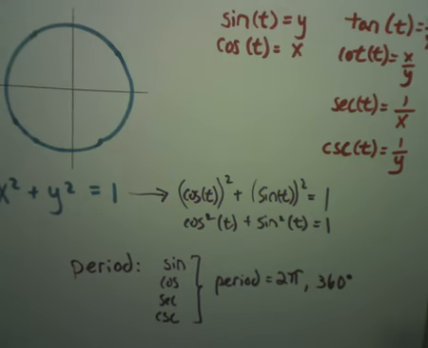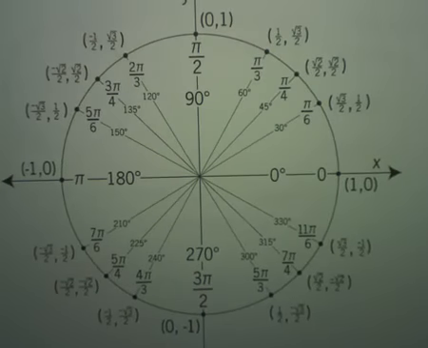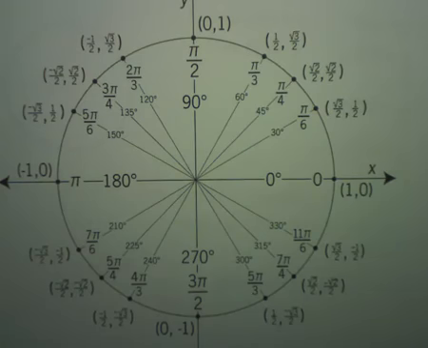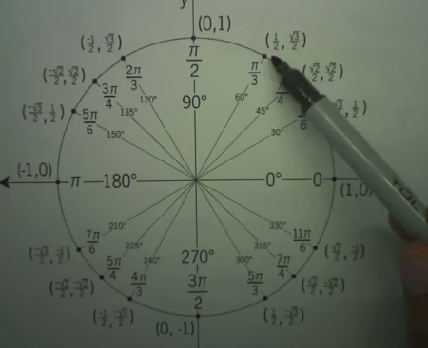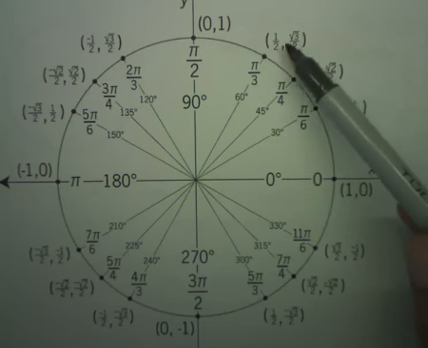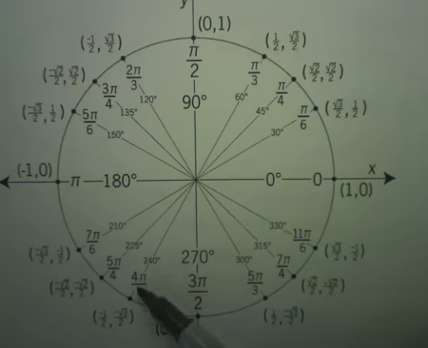Something a little bit different happens with tangent and cotangent. Keep in mind that tangent is defined to be y over x, and cotangent's just the flip of that, x over y. And tangent and cotangent start repeating even sooner than 2 pi. So look at, say, pi over 3 right here. The tangent of that would be square root of 3 over 2 over 1/2. And just look right across the unit circle down here at 4 pi over 3.